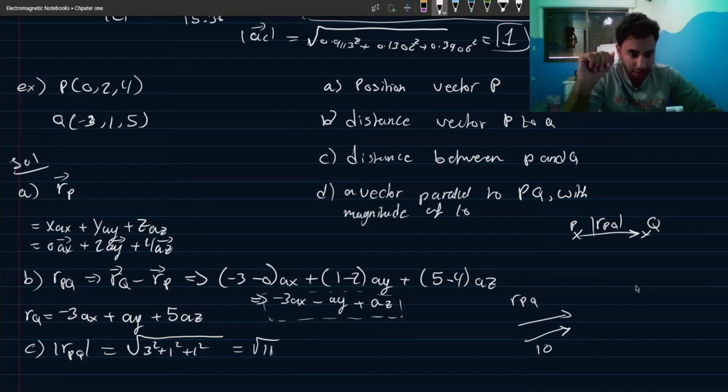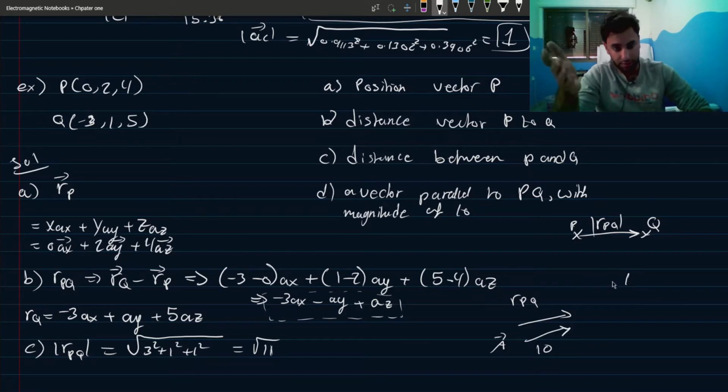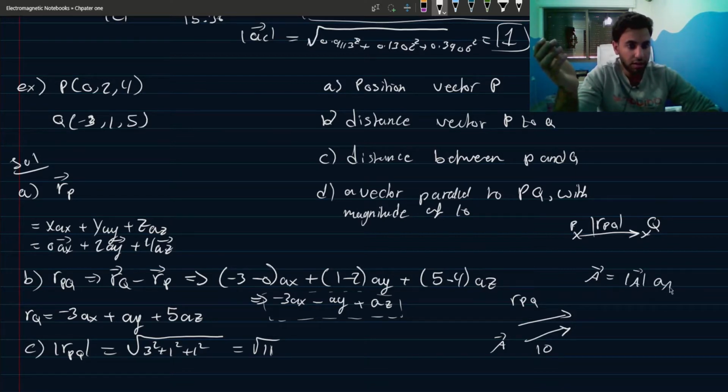Now a vector has a magnitude, let's call this vector A. Now vector A has a magnitude and a direction. We already know that this will be equal to 10, but we don't know the unit vector.